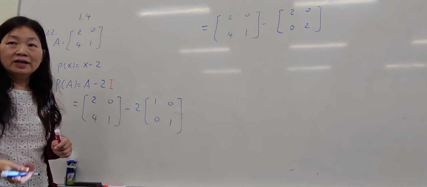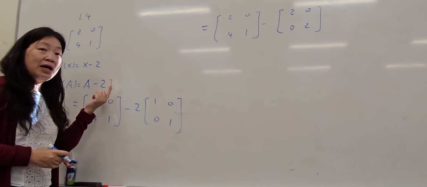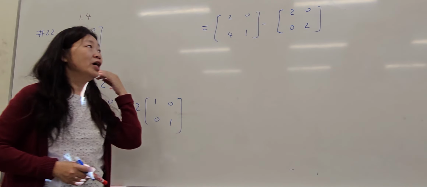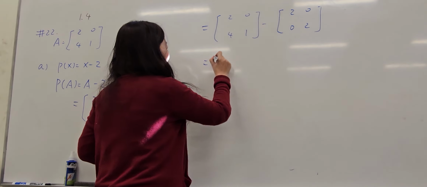Now you can subtract. You cannot subtract a matrix and a number. You can only subtract once they become all matrices. And so that becomes what?